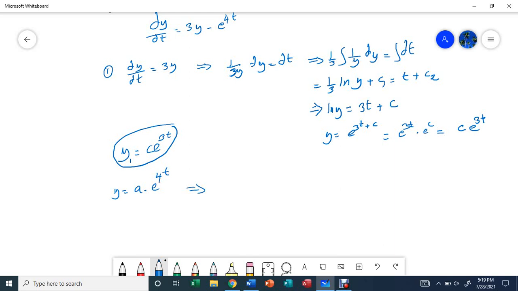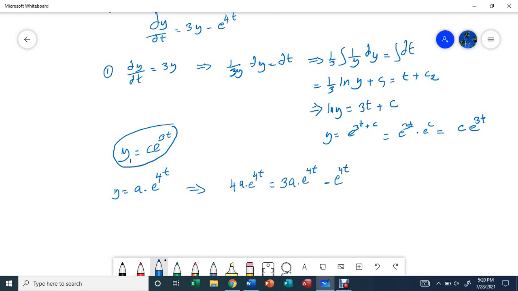So dy over dt is going to be 4a times e to the 4t using the chain rule, equals 3y. So 3y is 3 times a, 3a times e to the 4t, minus e to the 4t.